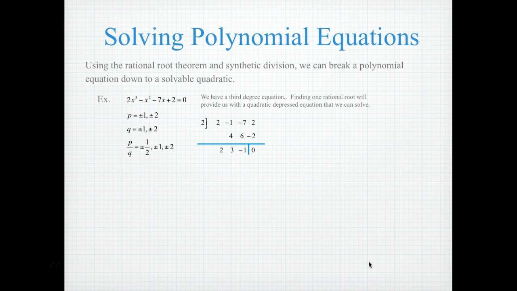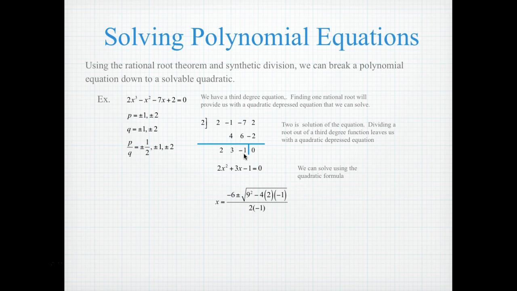Now when I divide out the 2, my depressed equation is 2, 3, and negative 1. So as I build that, I end up with 2x to the second plus 3x minus 1 equals 0. Now I have a quadratic equation that I can solve. In this case, we're going to solve using the quadratic formula.